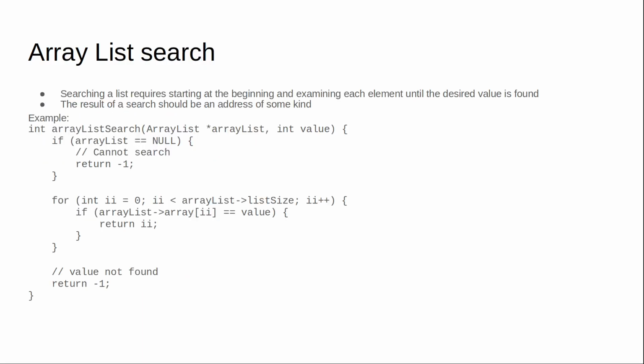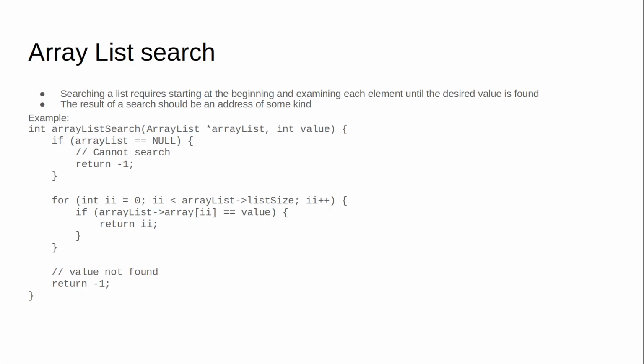Okay, array list search. Searching a list, any kind of list, requires starting at the beginning, examining each element until we find the desired value. What we return from a search needs to be some kind of address. That can be one of two things. That could either be the position that the value is found within the list, which is what we're going to return in this case. We're going to return the index of the array that we find it in.